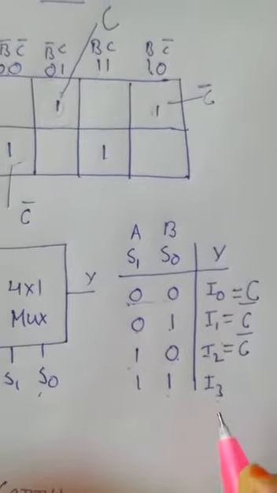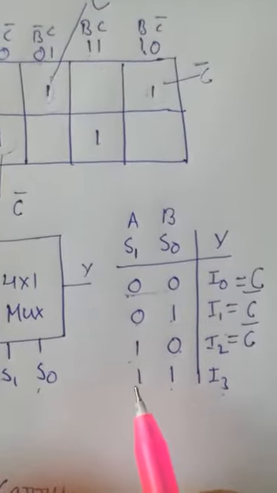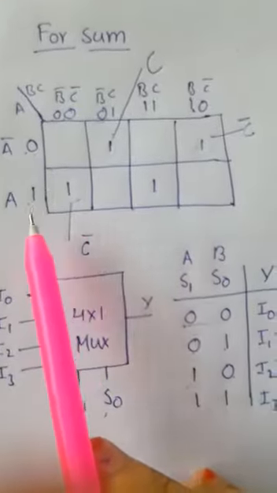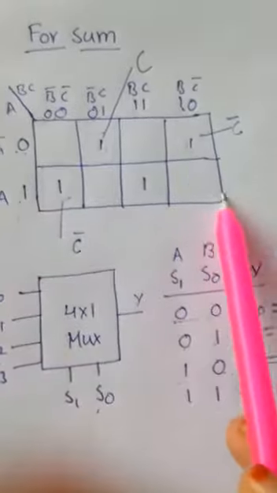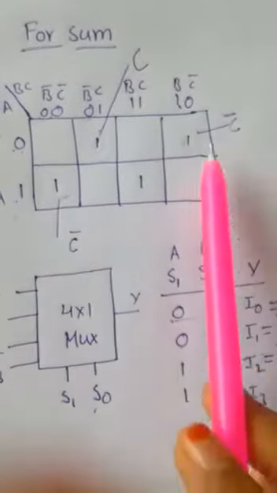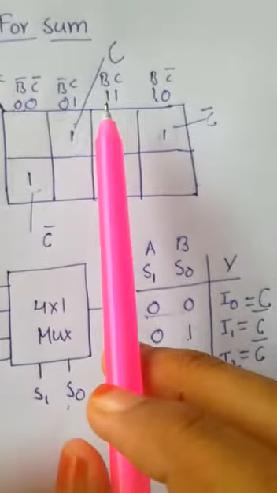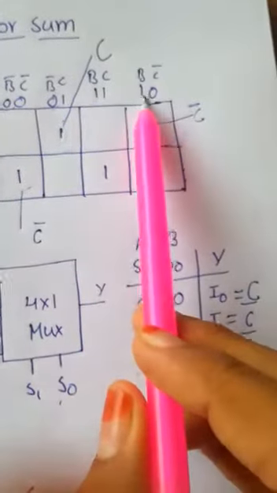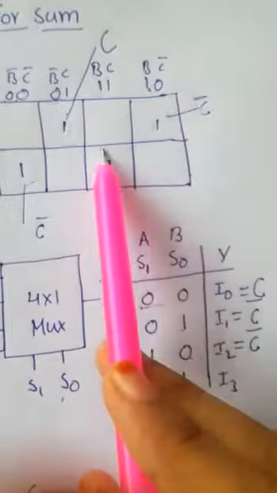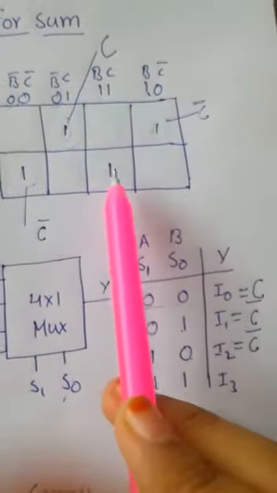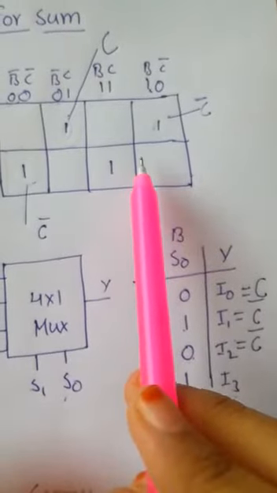C bar. And now we are going to select another two select lines, that is 1, 1. See, A is 1. A is 1 means we are going to have this total box. And B as 1 means where we are having B. Here we are having B as 1 and here B as 1. So we are going to select these boxes, and we are going to pair the elements in this.